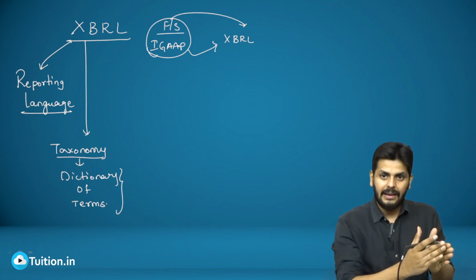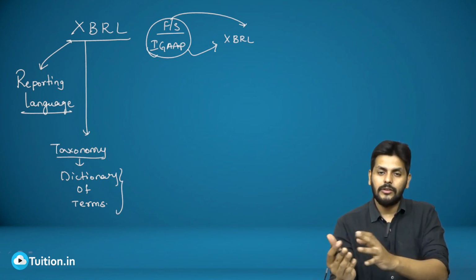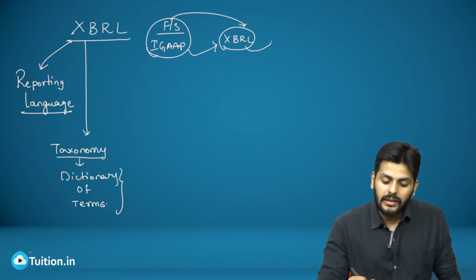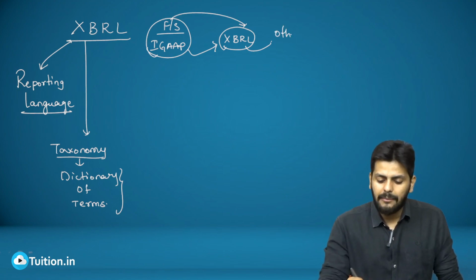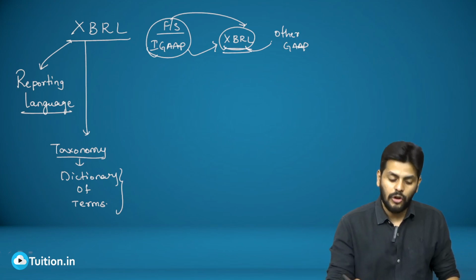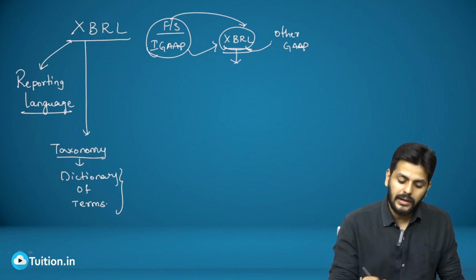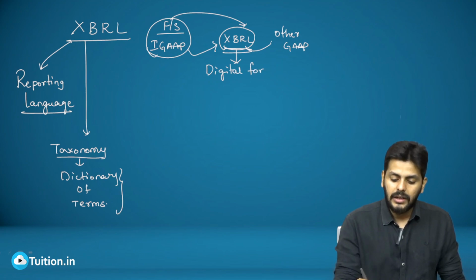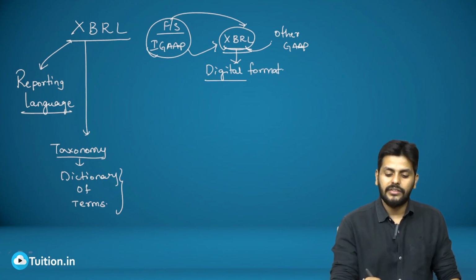What are the terms in Indian GAAP called and what are those terms in XBRL called? We will convert into XBRL. Using XBRL, we can convert it into other GAAP, whatever you want. XBRL is a common platform, and the best part about it is it maintains documents in digital format, so that it can be shared across the world. Understood what is happening here?